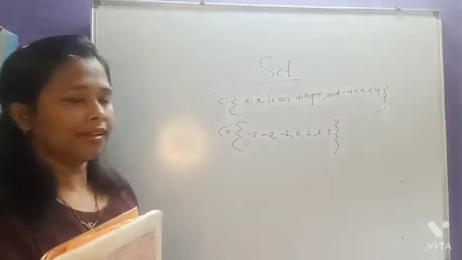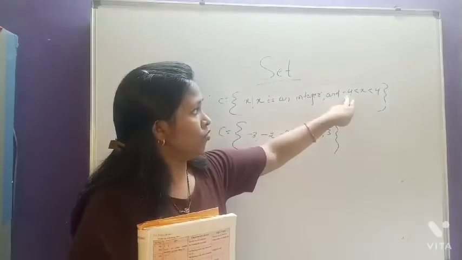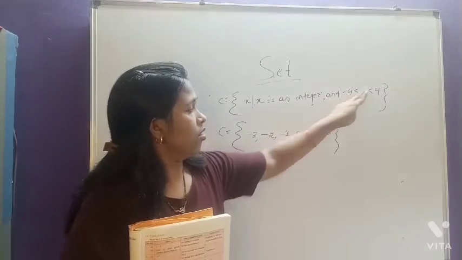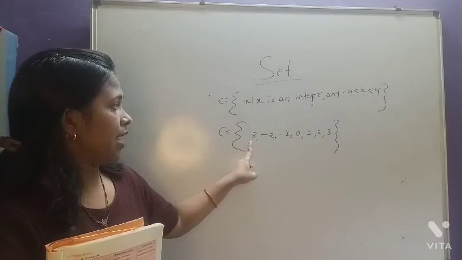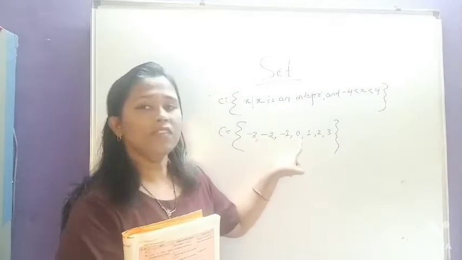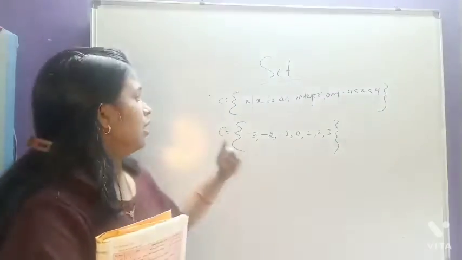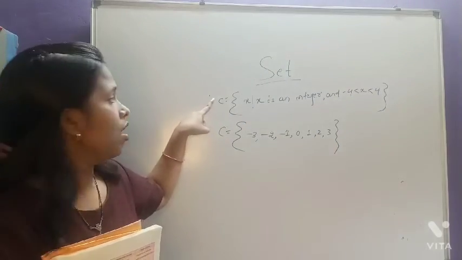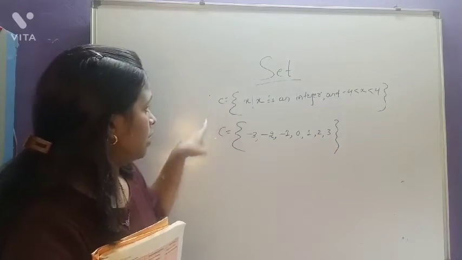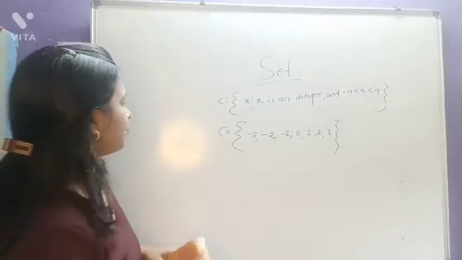Yes, am I right? Because this set x lies between minus 4 and plus 4. So I am writing the elements minus 3, minus 2, minus 1, 0, 1, 2 and 3. Okay. This is the conversion from your rule method to listing method. One more question we will solve.